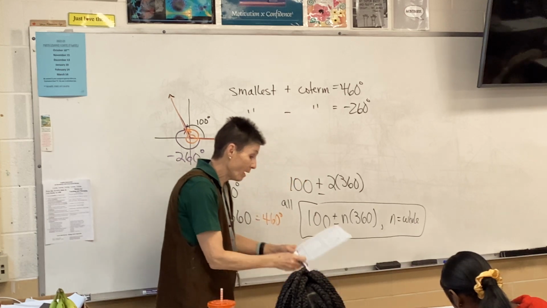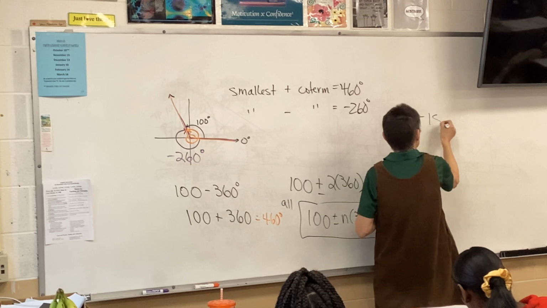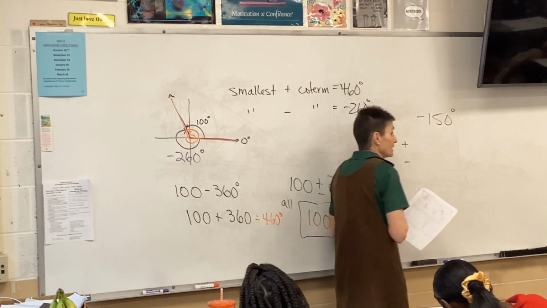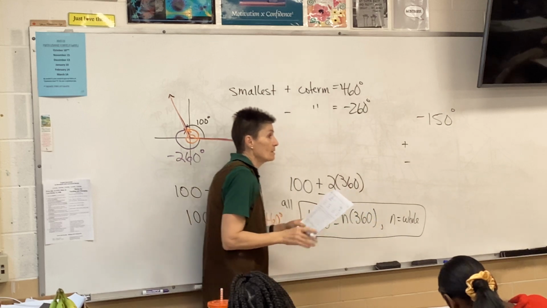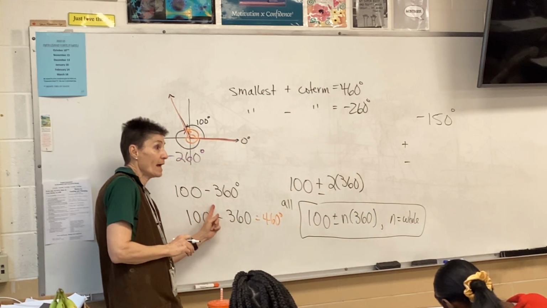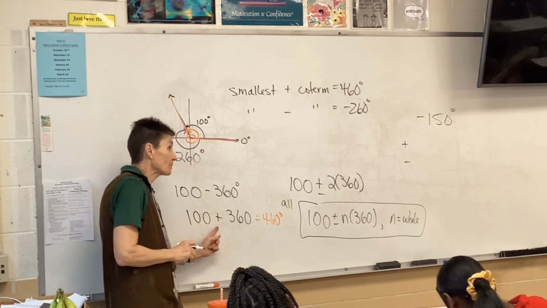Find one positive, let's do negative 150 next. Negative 150. We're gonna find one positive and one negative coterminal angle. So how do we find coterminal angles again? We either add or subtract a revolution.